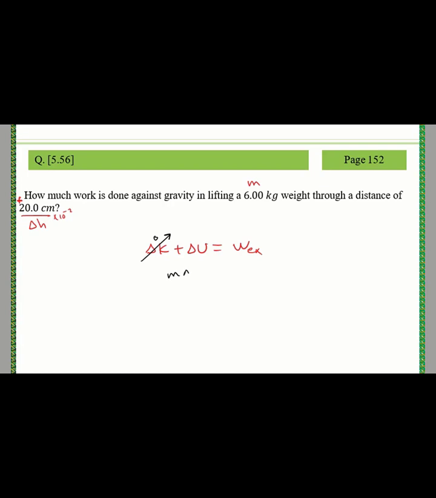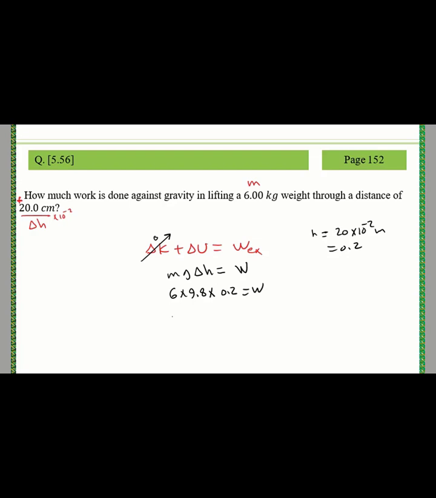Delta U, mg delta H, equals the work. m is 6, g 9.8, and delta H is 0.2, which is 20 centimeters converted to meters.